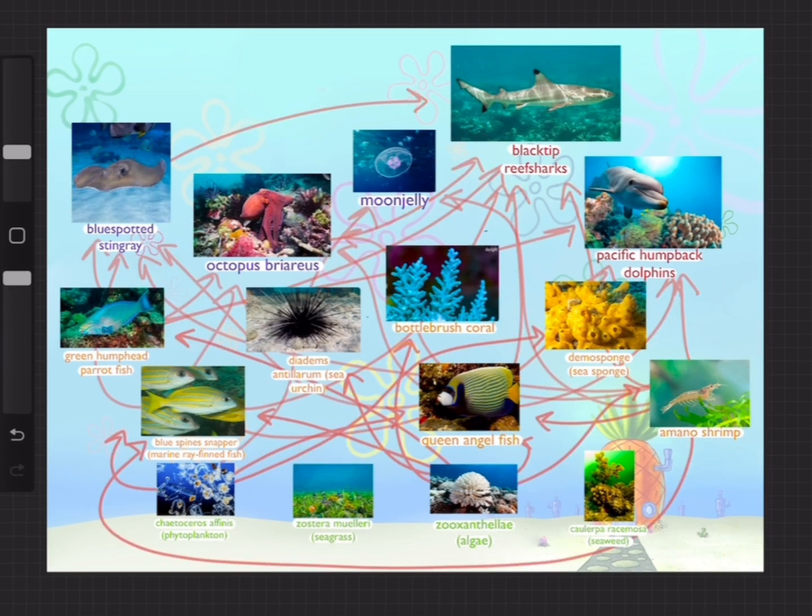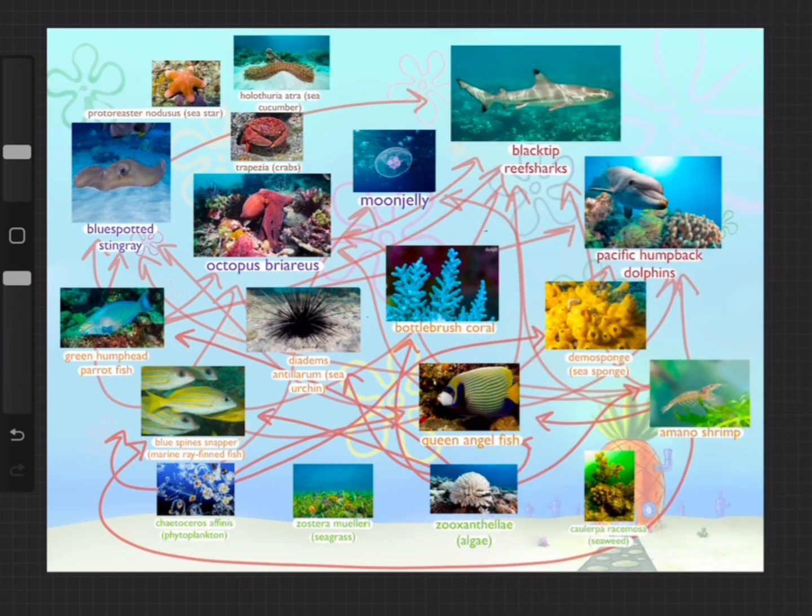I'll also be introducing our decomposers and detritivores. Some examples of these are the sea cucumber, and they poop out clean sand and redistribute nutrients back into the coral reef, so they will be considered decomposers, and they eat algae and plankton, so we can add lines for them. Algae and plankton.